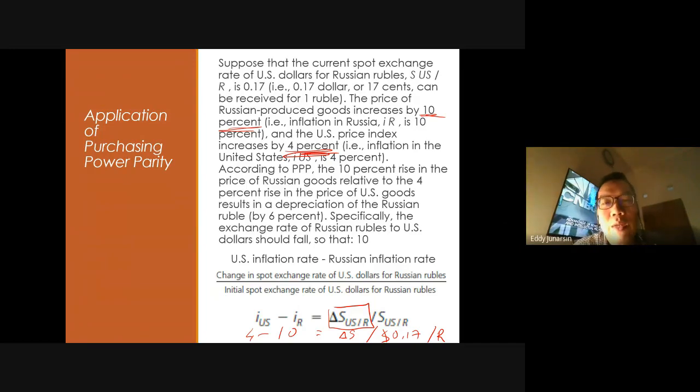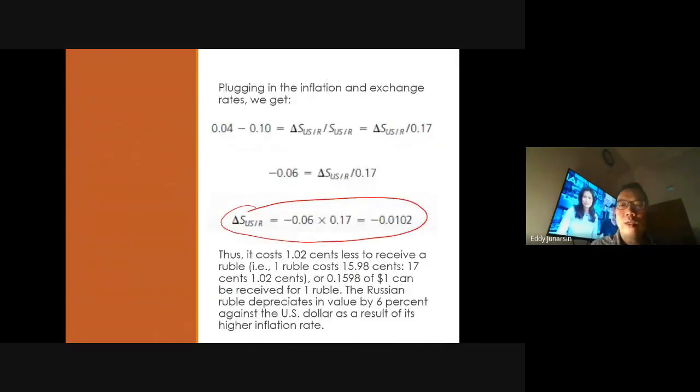So one more time, purchasing power parity says that a country with a higher inflation rate will most likely see its currency depreciate, right? Here, the inflation rate in Russia is higher than that in the United States. So that's why it's minus. Minus means the number is decreasing, meaning that the rubles depreciate, right?